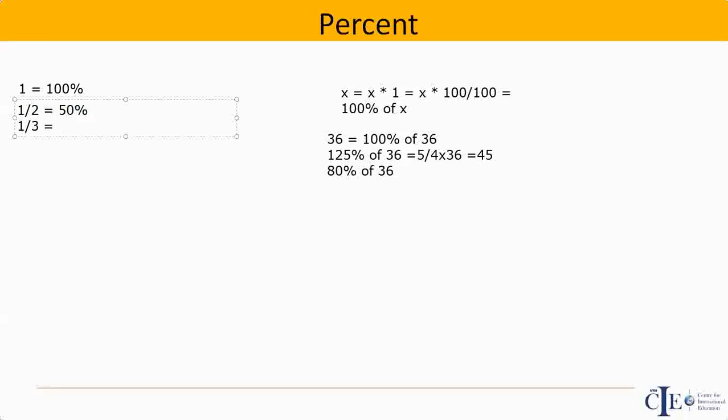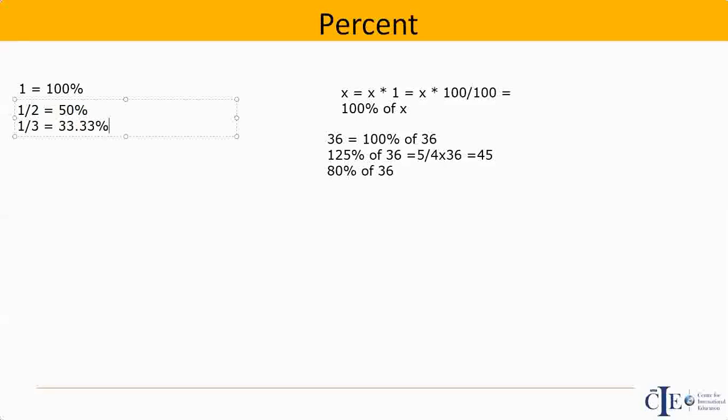If you know the decimal value, you just need to multiply that by 100. That would be the corresponding percent value. So 1 by 3 is 0.33333 recurring decimals, multiplied by 100, that will give you 33.3%. Rounded off here, of course, it's 33%. As a fraction, it will be 33 1 by 3%, because 1/3 is the recurring part.